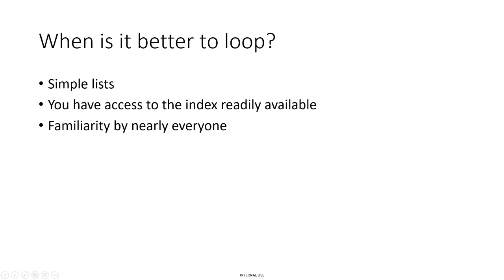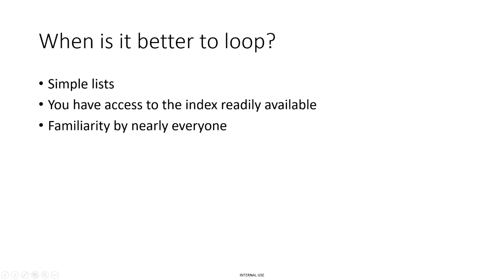And you can do stuff with the index, like we were doing in the iterator function too, but maybe it's a little more simple to use the index inside of a regular for loop. I think the biggest reason is it's nearly familiar to everybody.